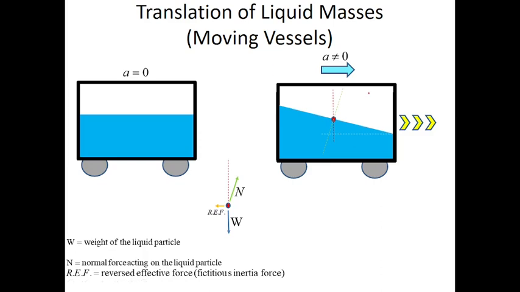Another line to consider is this line where the normal force is directed. The normal force is parallel with this line, so that makes it 90 degrees with respect to the surface.